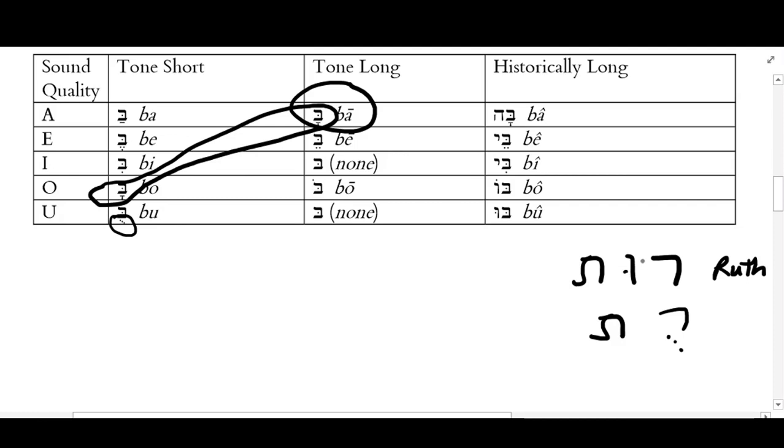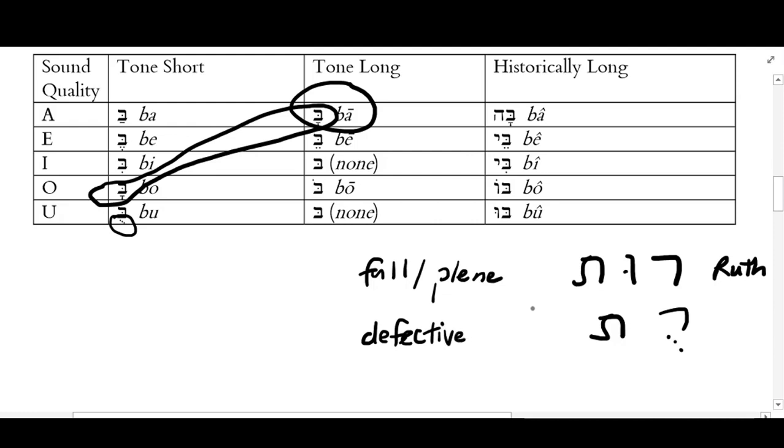Grammarians refer to the spelling with the mater as full spelling or plene spelling, or we would say it's spelled fully. And then whenever the mater was missing, the grammarians refer to this as defective spelling.